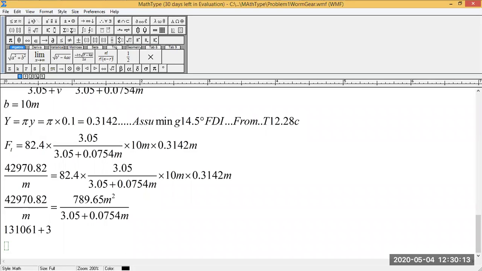We're getting 3240 m equals 789.65. I'm getting here as m cube. This will be m cube.